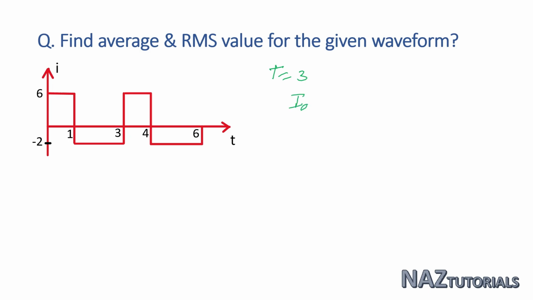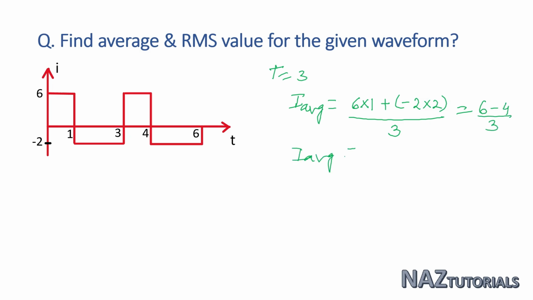The average value I average is equal to the area of the first part, that is 6 into 1, plus the area of the second part, -2 into base length 2, divided by total time period of 3 seconds. So it is 6 minus 2 into 2, 4 divided by 3. So the average value is 2 by 3 ampere.